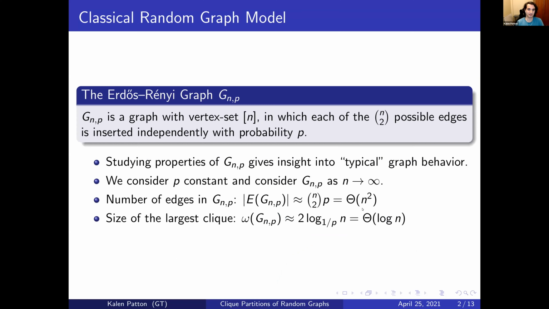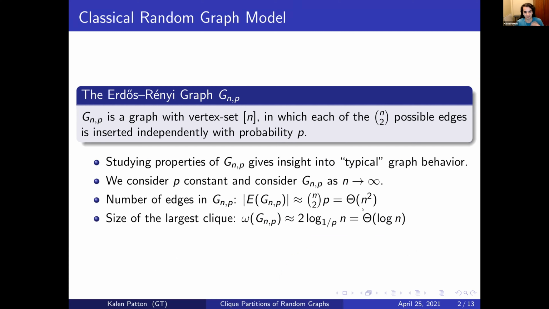So first, if you're unfamiliar with random graphs, the random graphs that we're going to be looking at are the so-called Erdős-Rényi graph, GNP. This is the graph on n vertices, in which each of the n choose 2 possible edges we insert independently at random with probability p.